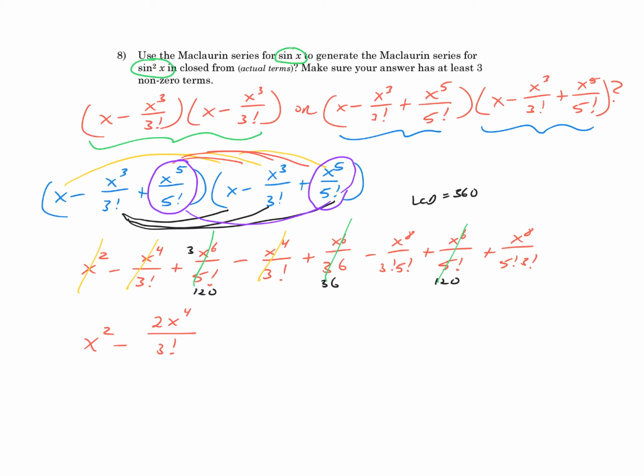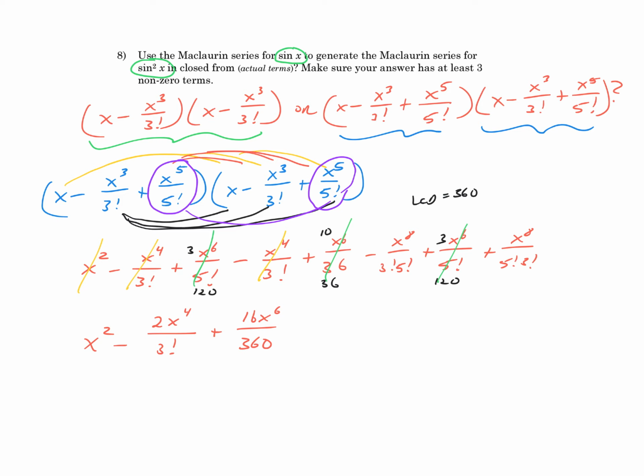That's 3x to the 6 over 360. 6x to the 6 over 360. 10x to the 6 over 360. So plus 16x to the 6th over 360.